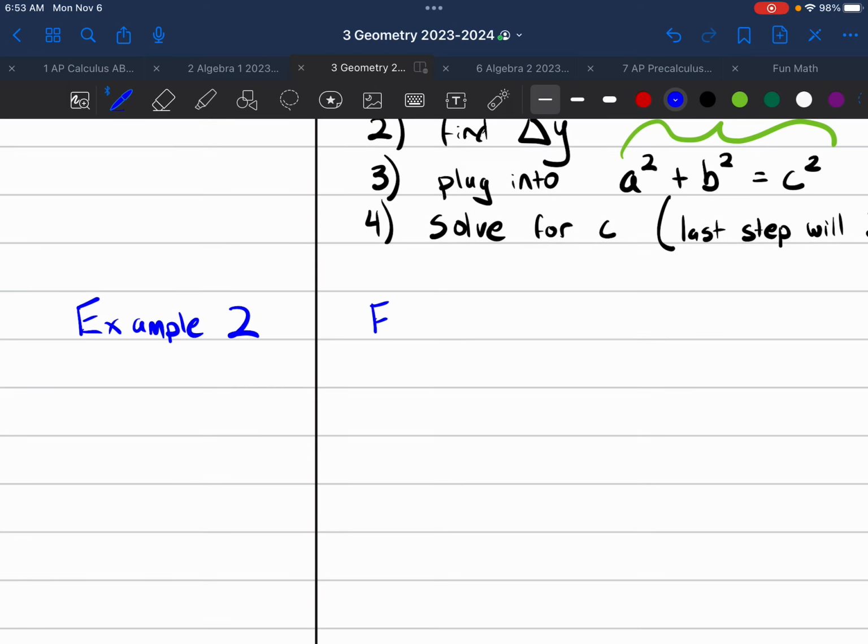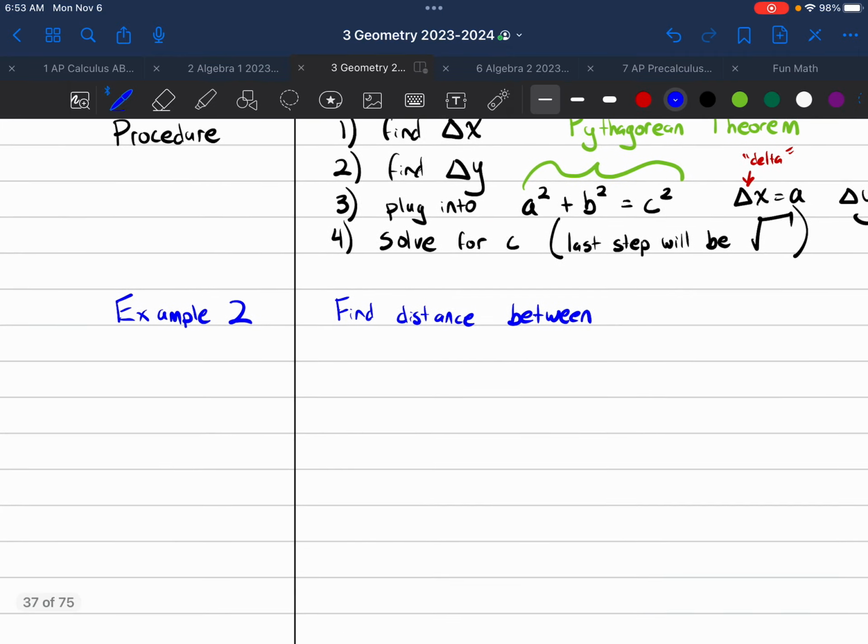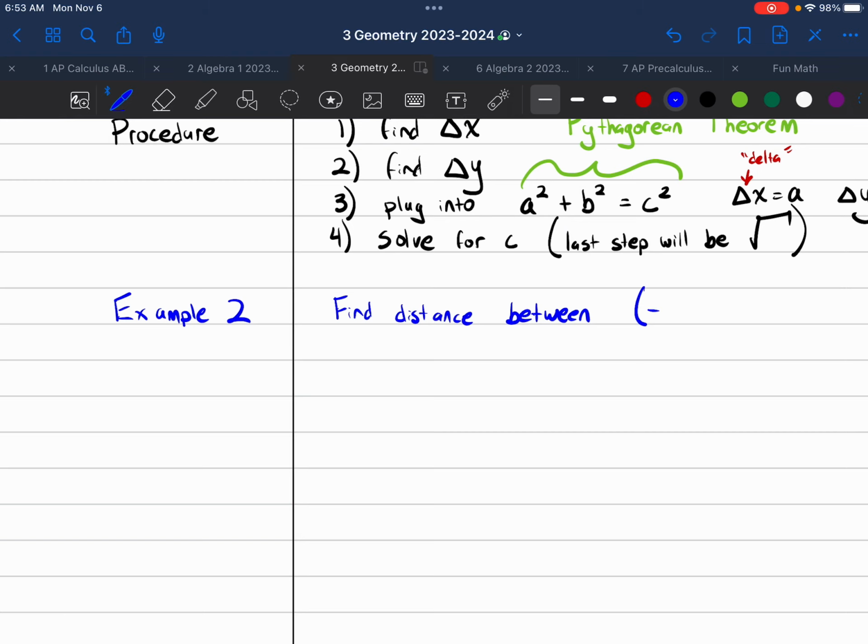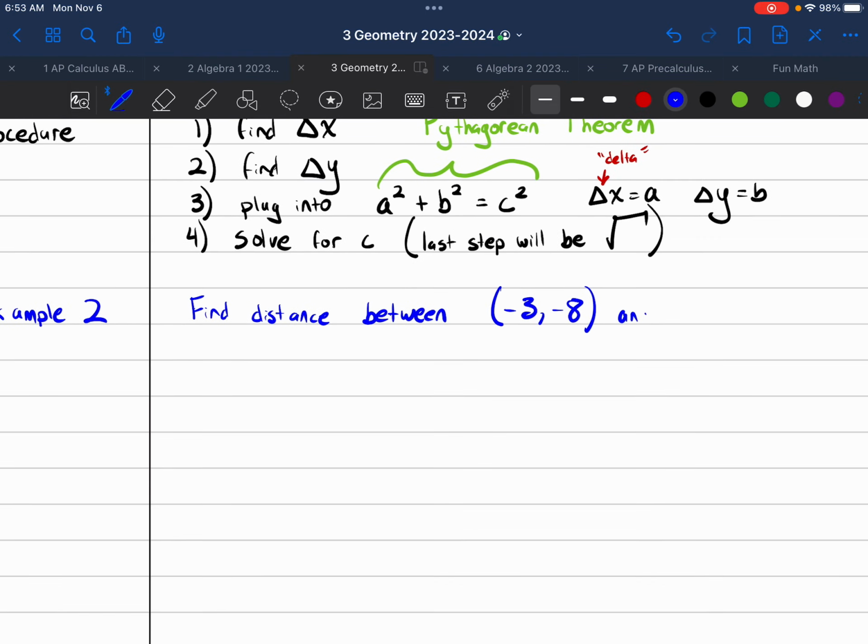So find the distance between, let's say, (-3, -8) and, let's make it slightly bigger, (5, -1). Okay, so how would I do this?